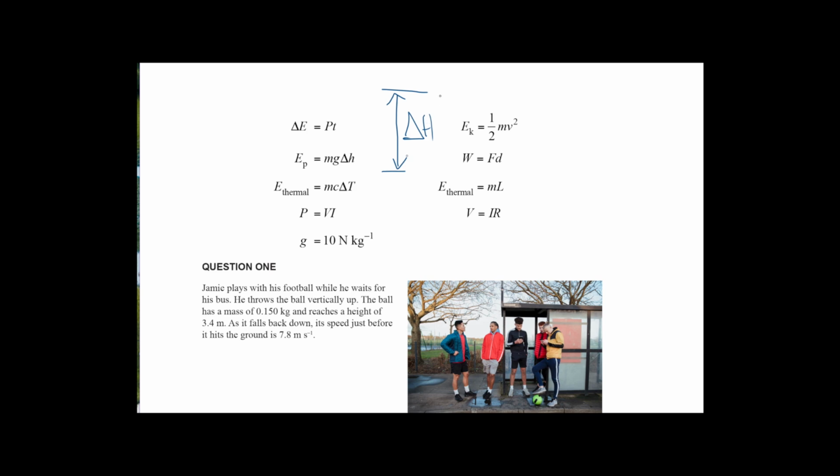It should be a capital delta, and h should be a lowercase h. So the higher something goes, the further it is to fall. And the further it is to fall, the more kinetic energy you'll have. One basic thing in physics is that the potential energy at the top is equal to the kinetic energy at the bottom.